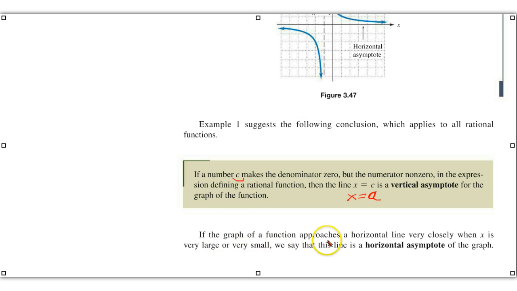Now, if the graph of a function approaches a horizontal line very closely, when x is very large or very small, we say that this line is the horizontal asymptote of the graph. And as we see it here, it's approaching the x-axis, and the formula for that, we said, is y equals 0.